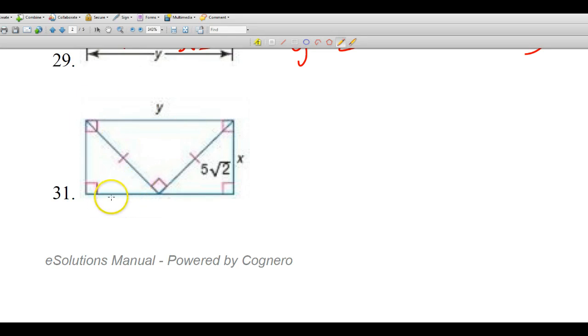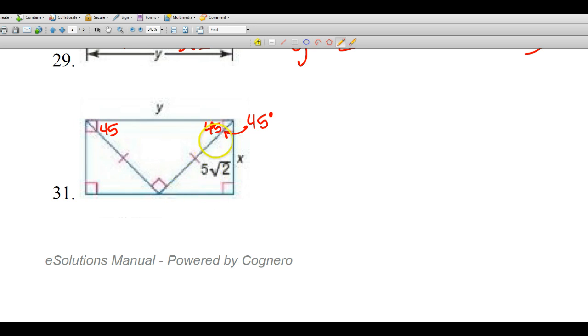On 31, we see that we have an isosceles right triangle here, so that would be a 45, 45, 90. So if these angles here are 45, and we know that they're complementary because we're given the symbol for a right angle, and that means we'd have 45 degrees there, which means that we have a 45, 45, 90 right triangle here.